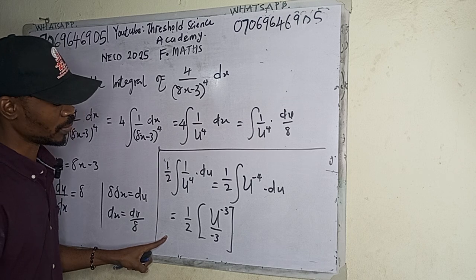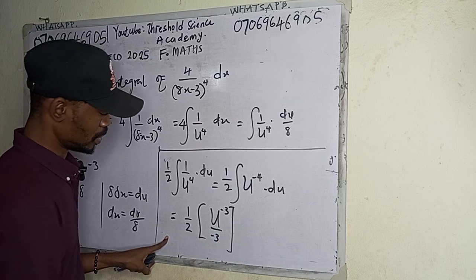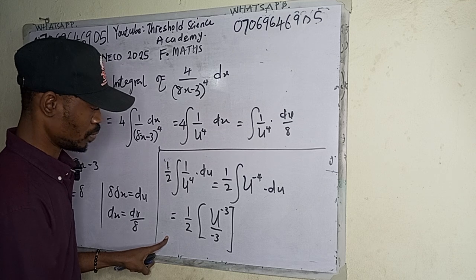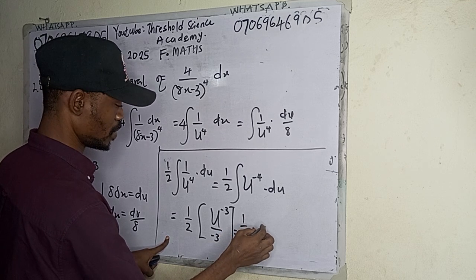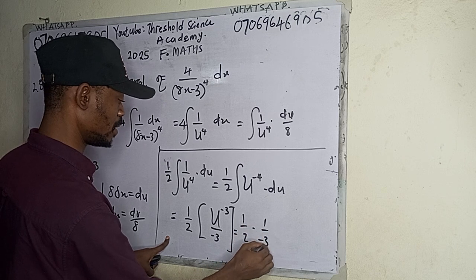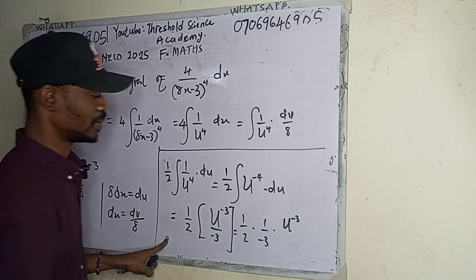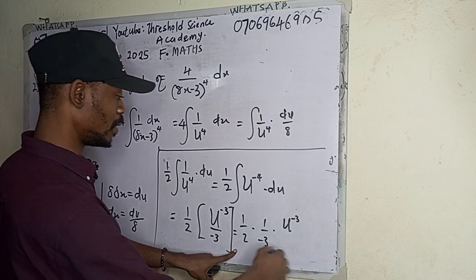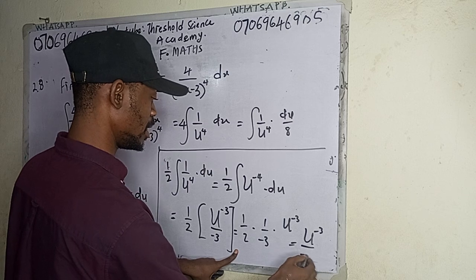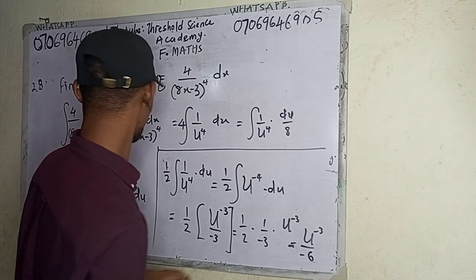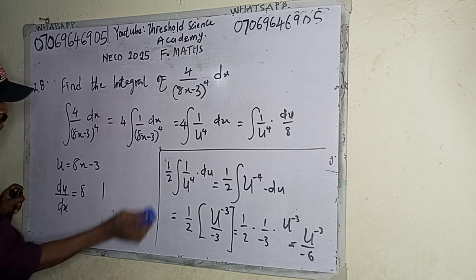And then the next thing we do here is that we write this to be 1 all over 2 times 1 times minus 3 times u raised to the power minus 3. If you multiply this all out, you should be getting u raised to the power minus 3 all over negative 6.